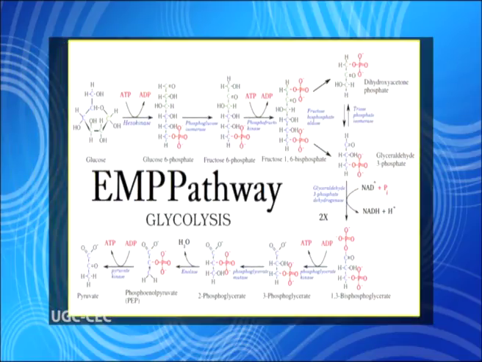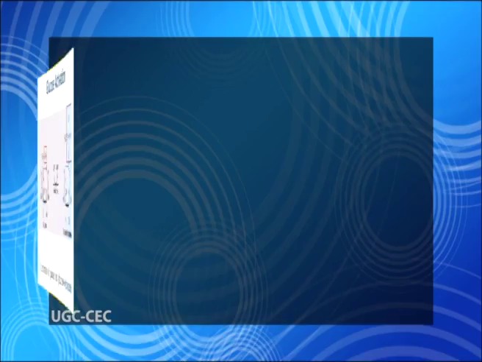Glycolysis is the universal metabolic process, also known as EMP. Embden, Meyerhof and Parnas were the three persons who discovered this. That's why it is also called the EMP pathway. It is the process that occurs in protoplasm and involves oxidation of glucose through a chain reaction.